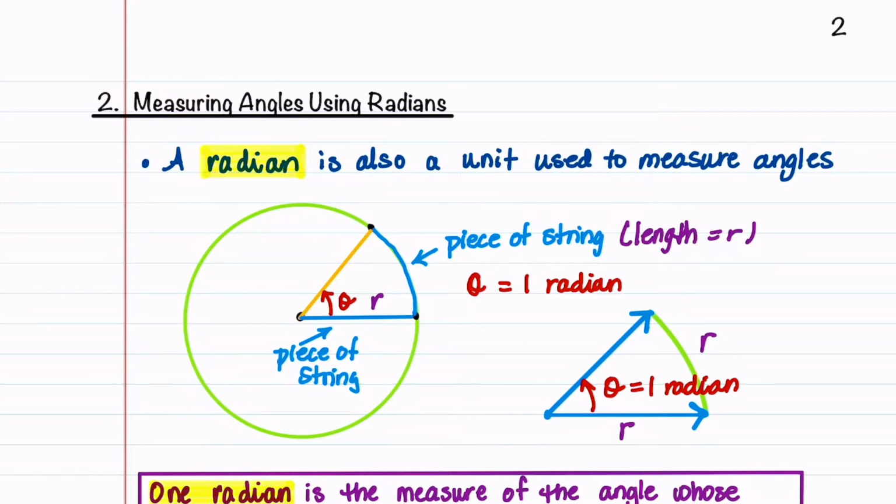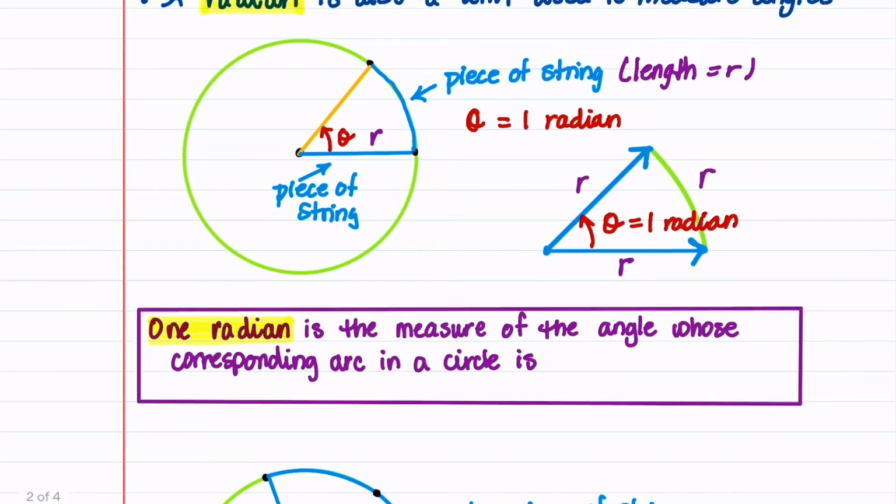And then for completeness, we'll also recognize that the terminal ray, because it's along a circle, is also equal to r. We can now write down the precise definition of a radian. 1 radian is the measure of the angle whose corresponding arc in a circle is equal to the radius of the circle.